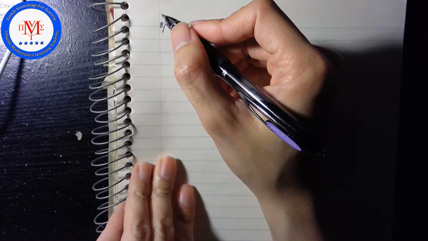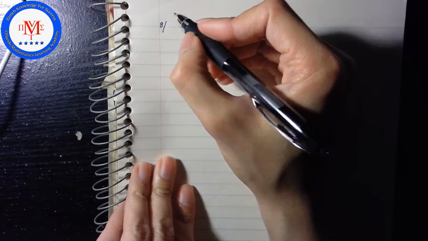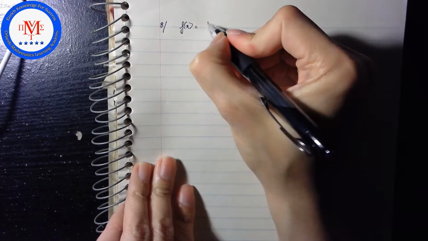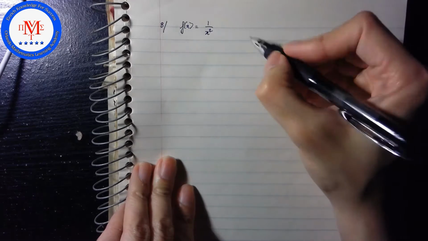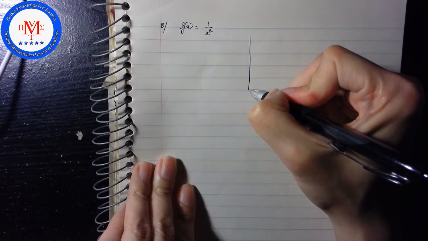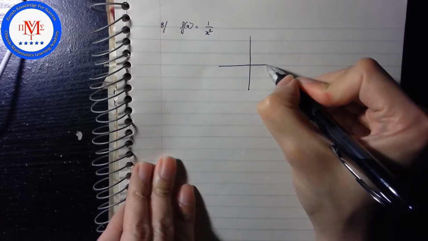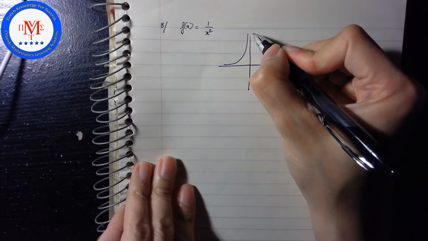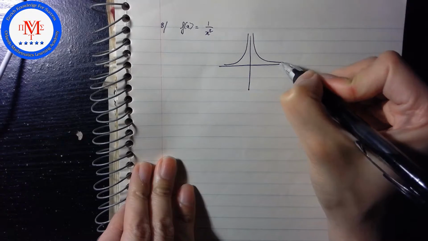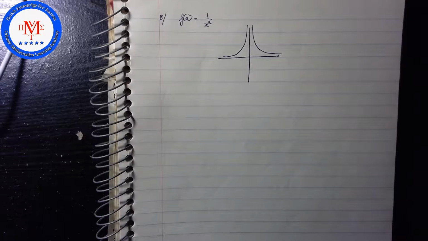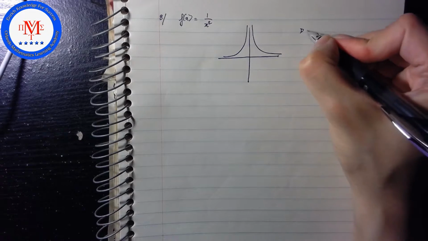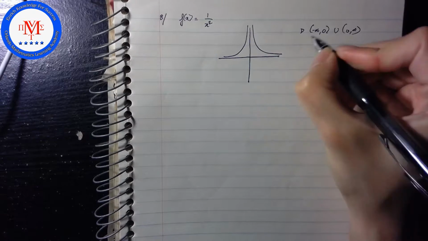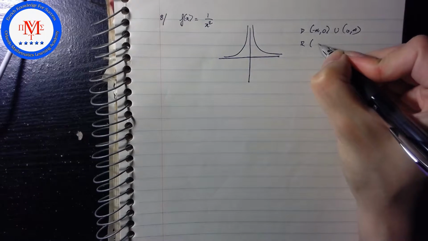This function has the form f(x) equals 1 over x squared, and it has a graph that looks like this. The domain is from negative infinity to 0, union with 0 to infinity, and the range is from 0, not including 0, to positive infinity only.